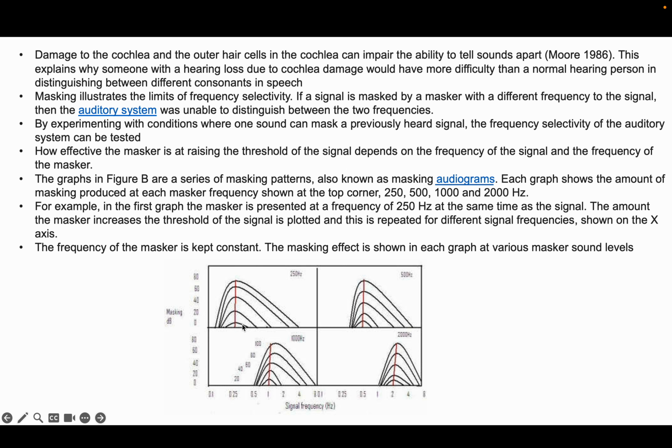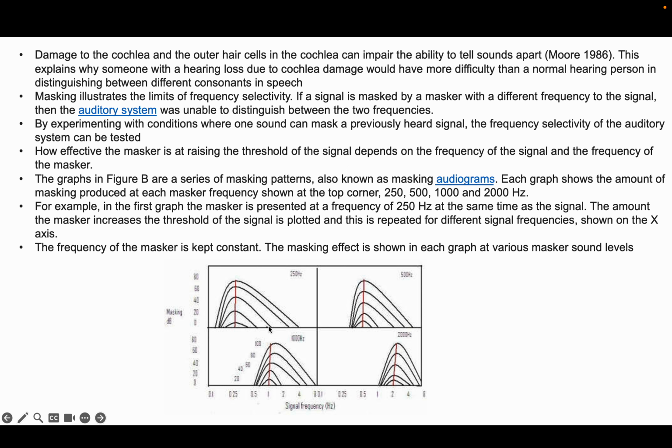So you can see that at low intensities, the masking signal doesn't have much of an impact. It has its highest impact, though, at 250 hertz because it's centered there. As you increase the intensity of the masking signal, you then have to raise the signal at 250 hertz more and more.